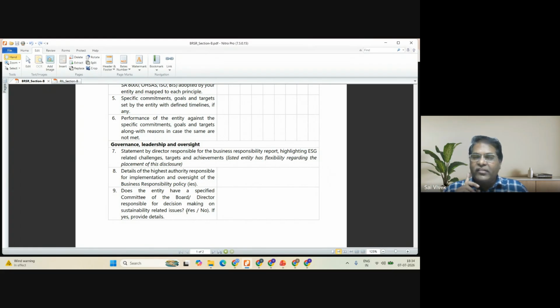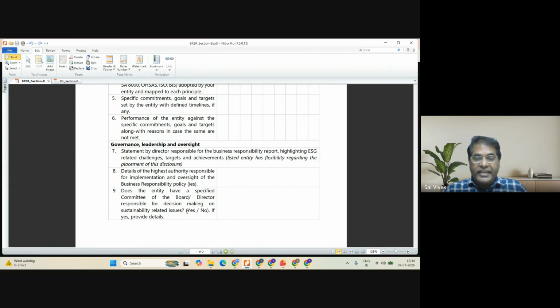So as per the seventh question, the director of the entity should be giving a business responsibility report, and that report should have ESG related challenges first, targets next, and achievements, if any. Have these targets been partially or fully achieved, or whether the earlier set targets have been achieved by now. All these details should be mentioned there. So this is about the seventh question.